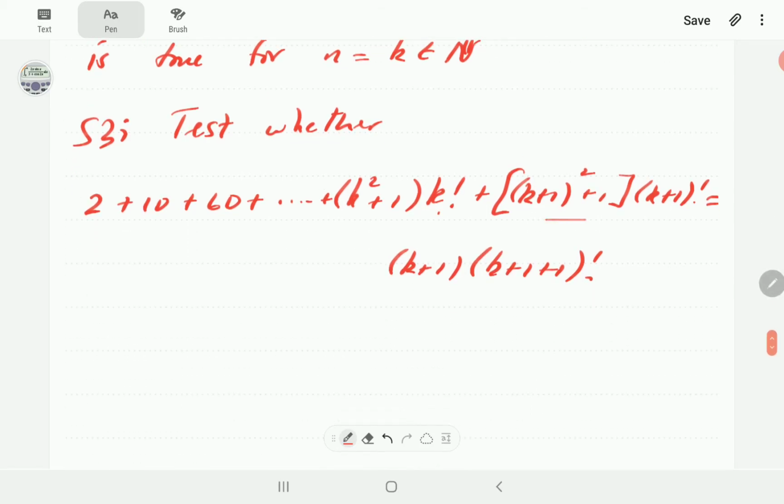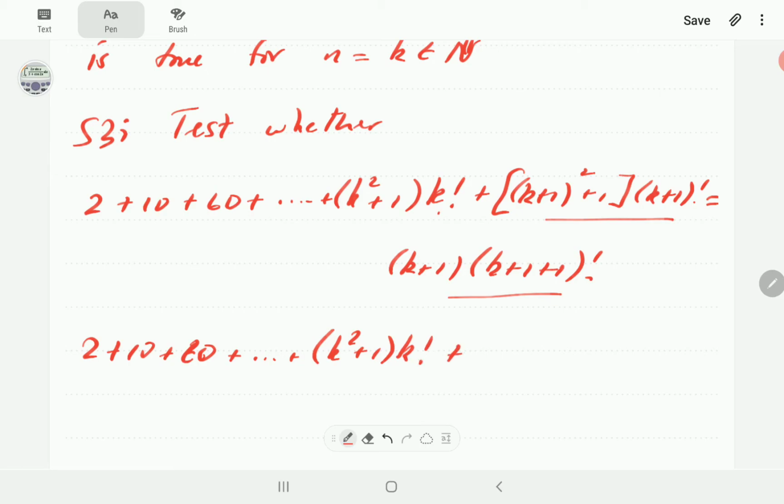Let's simplify these two terms. So 2 plus 10 plus 60, a term there is going to be k squared plus 2k plus 2, just k factorial there.